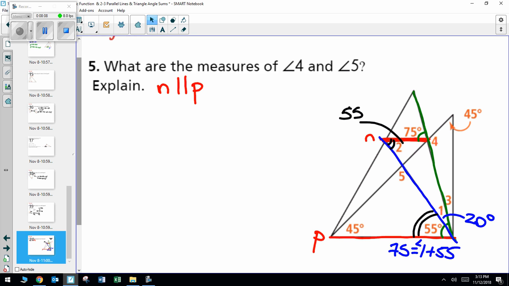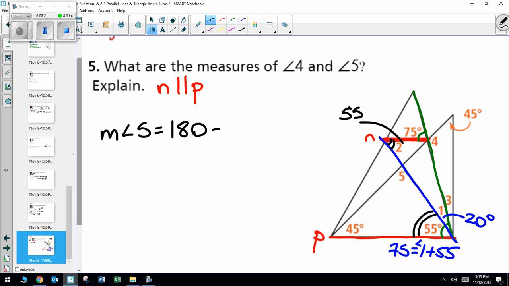Now I can find angle 5 because it is 1 missing out of 3 angles. So the measure of angle 5 I can find by doing 180, take away 45 and 55, and get that the measure of angle 5 is 80.